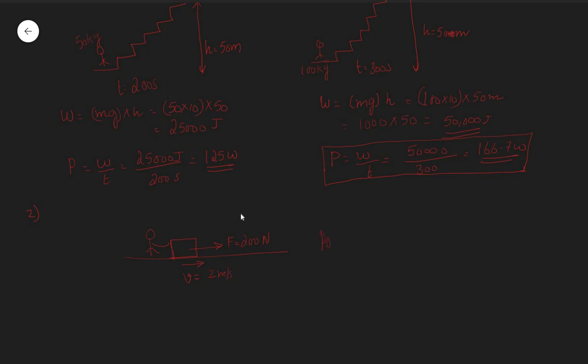So the power exerted by the person is equal to force into velocity. This is the instantaneous power, so velocity at that moment, right? And this is given by 200 Newton into 2 meters per second. That's equal to 400 watts.